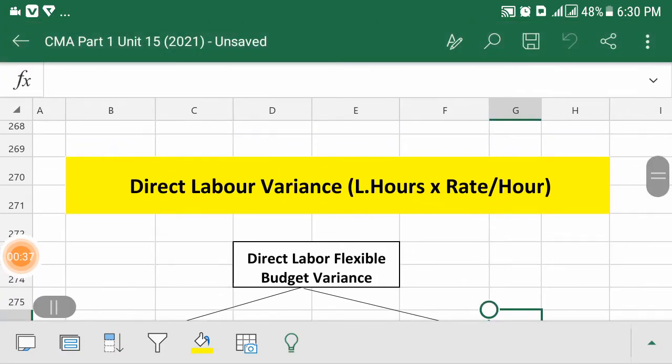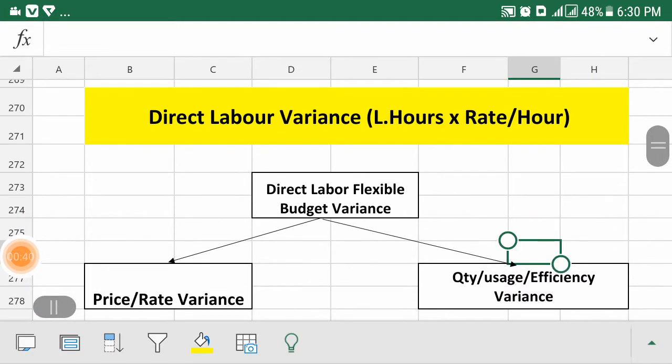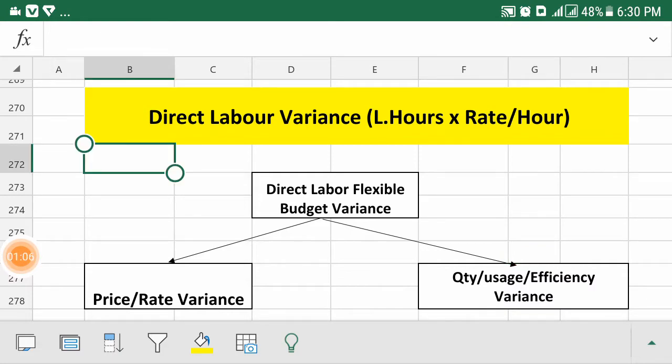So labor variance defines how much you have expected, that means the budgeted or standard budget you made, to pay for the labor hours, but in actuality you paid something different. If you get exactly what you expected, there is no variance.